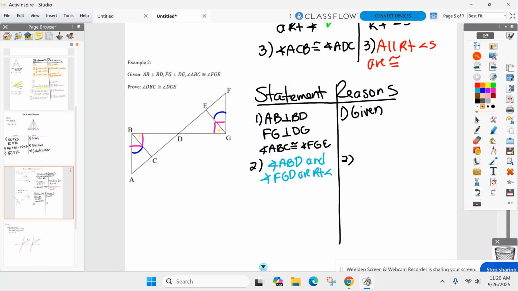Do not tell me they're congruent unless you have written down that they are right angles. You want to use Sully's definition of perpendicular lines, I'm fine. You want to use my perpendicular lines form right angles. It's the same reason every time you tell me they're right angles.